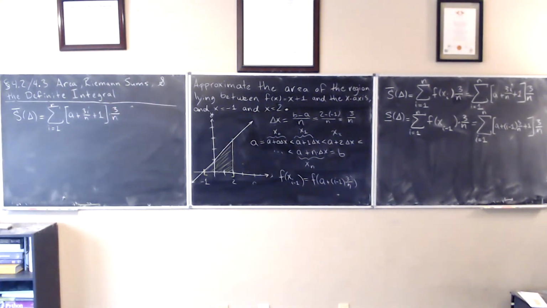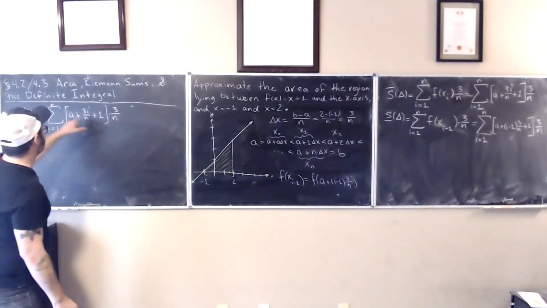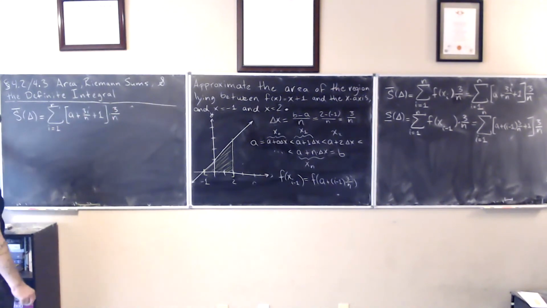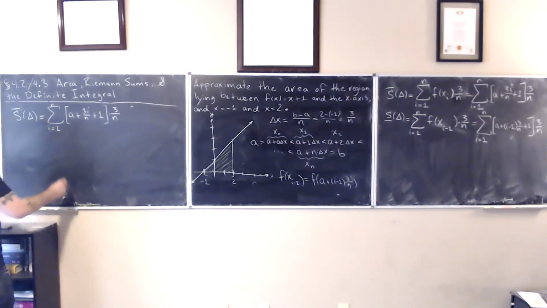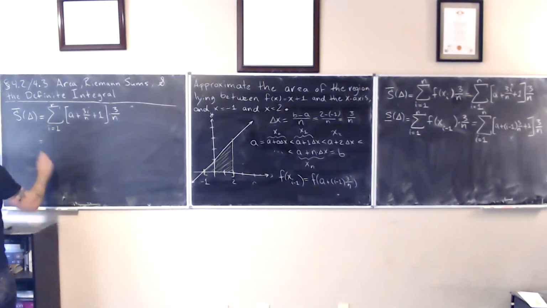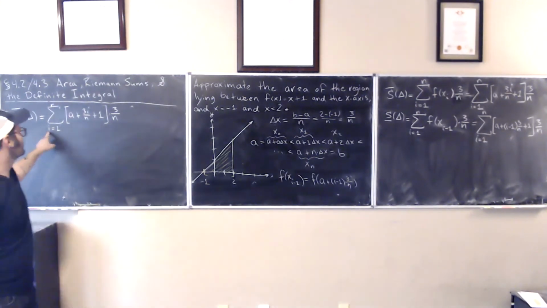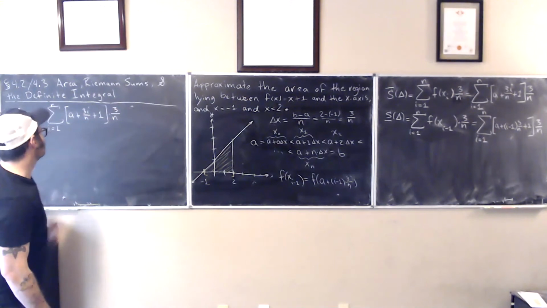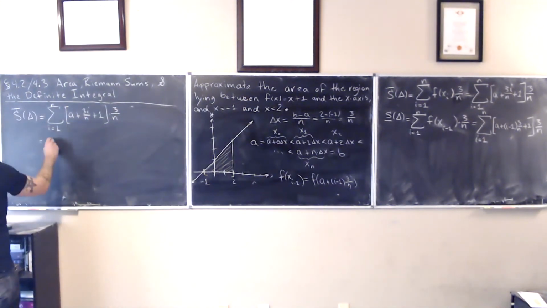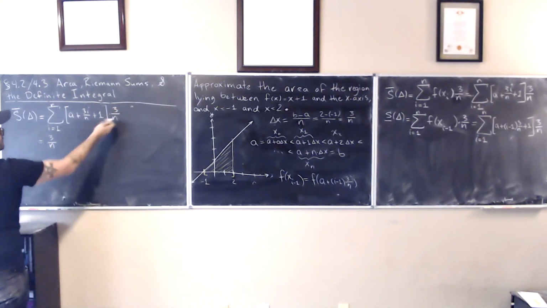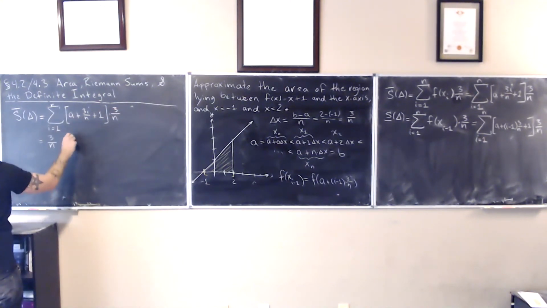Okay, so let's distribute this in. So what do we get? Well, actually, this sum here is only working on these indices i, right? So that 3 over n can just be brought out, because there's no i in that term, it's just a number multiplying the sum.